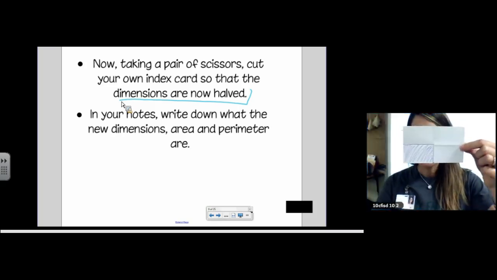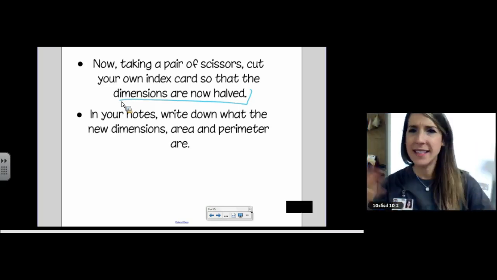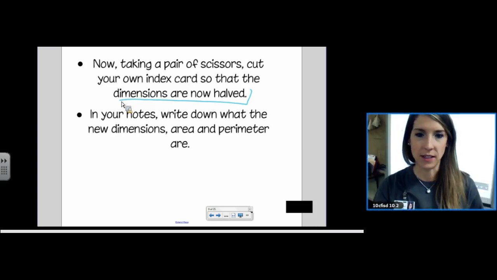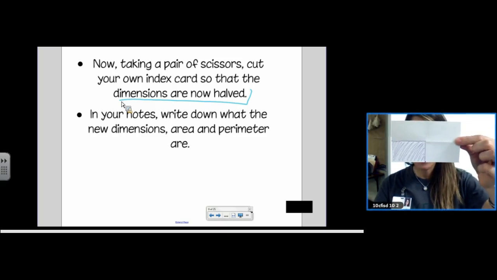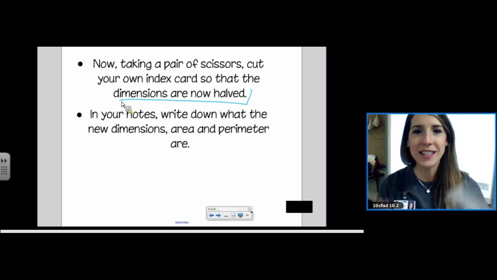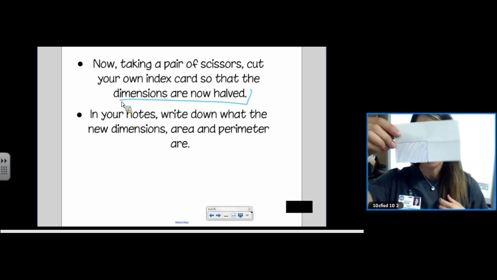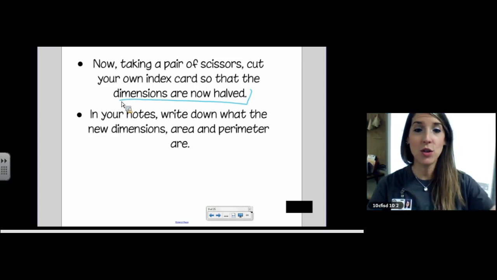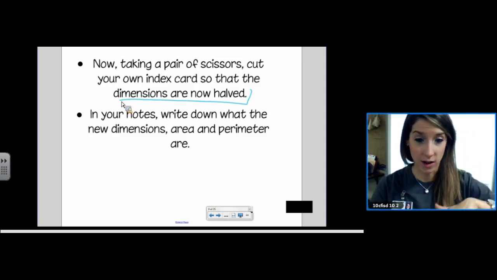So what's crazy is all I did was halve the dimensions. I want them to be half as big. Half the dimensions. But my area was not halved. What I got out of halving my dimensions was something much smaller. So when you play with your dimensions, you affect your area way more.